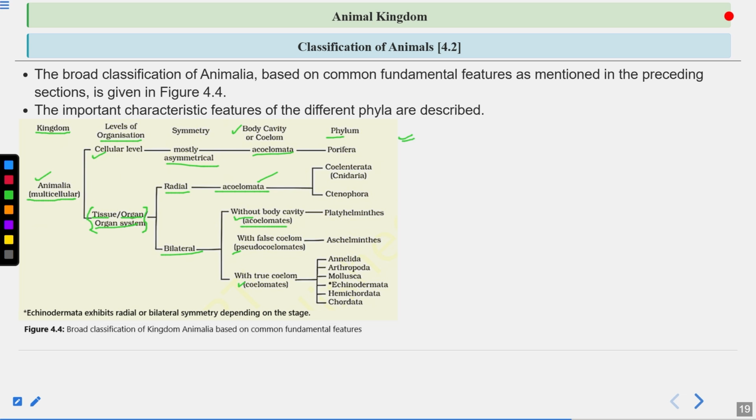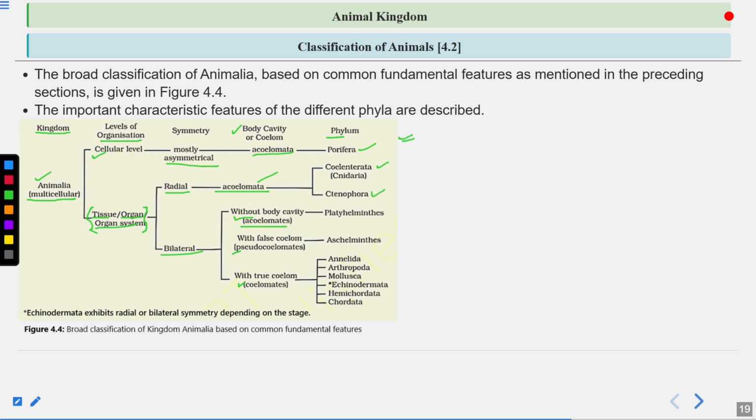Now see the phylum Porifera. The organisms which have cellular level of organization, asymmetrical, acoelomate, are called Porifera. The organisms with tissue level of organization, radial symmetry, acoelomate, are of two types: two phyla, Coelenterata and Ctenophora.